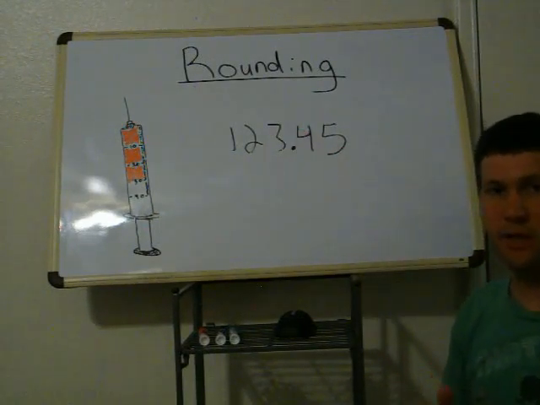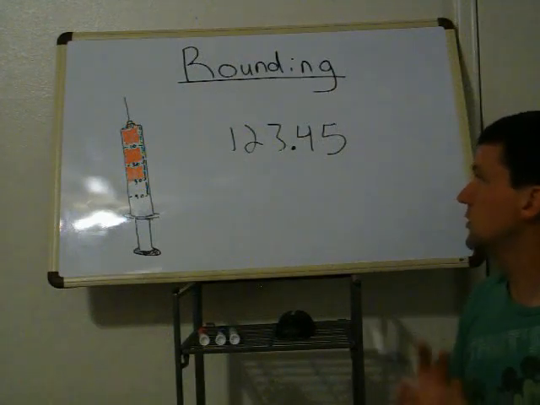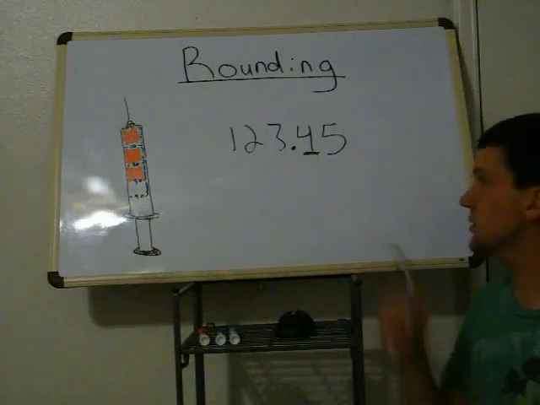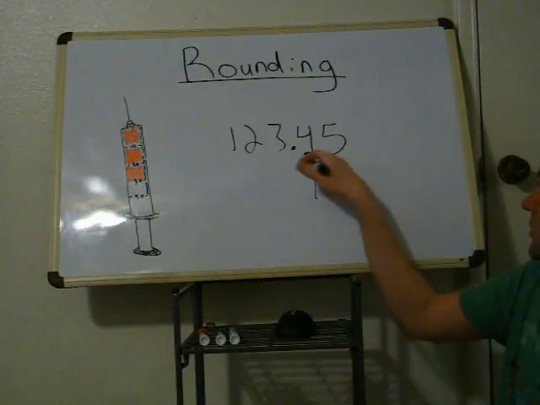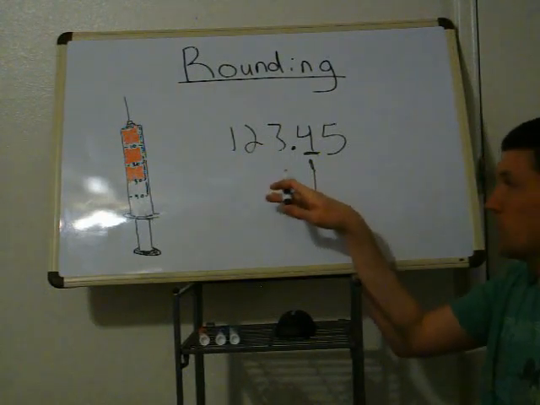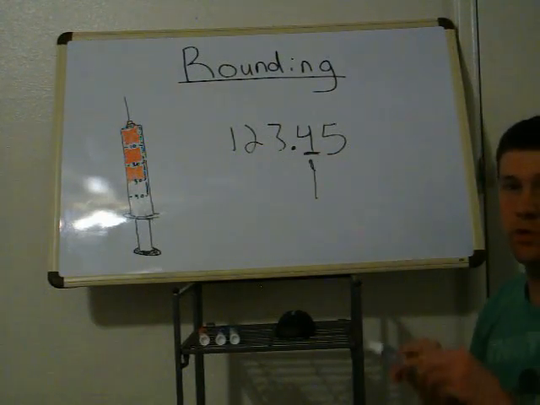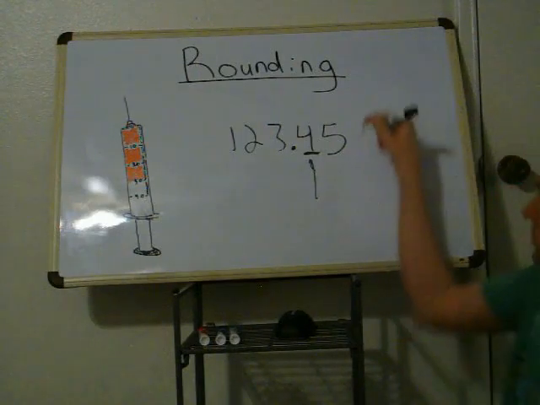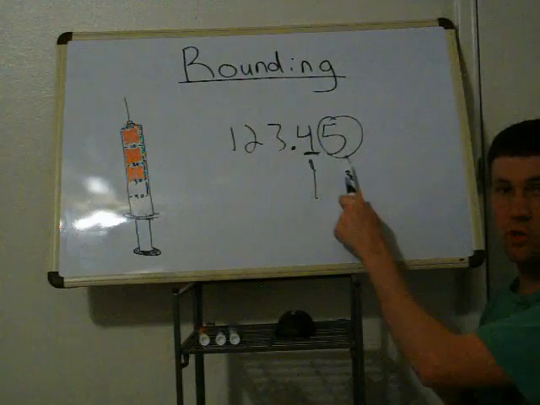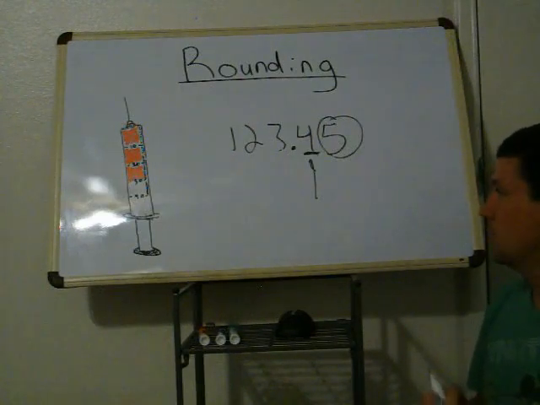So we take the place that we want to look at. Let's just say we want to look at this tenths place. We're going to round to the nearest tenths. That number. And we take a look at the number to the right. So we're going to look at this 5. Okay, this is the number that we're going to use when we do our rounding.